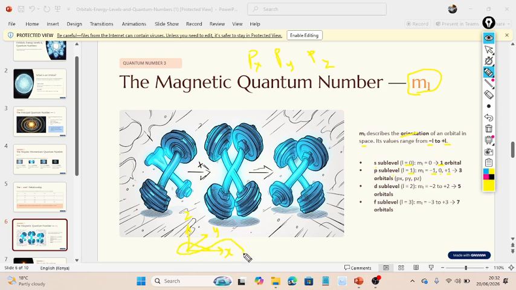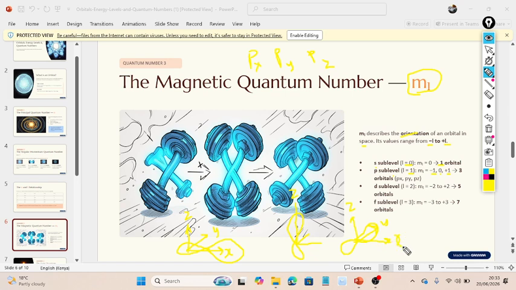The pz orbital is going to lie on the z axis of the Cartesian plane like this, and the py is going to lie on the y axis like this, and this is the x axis.